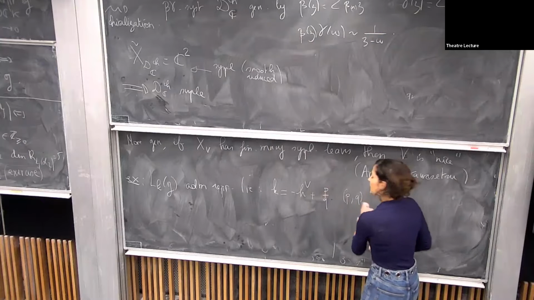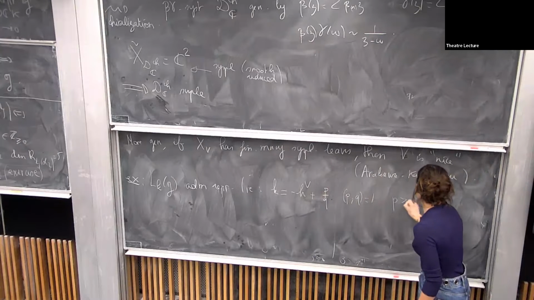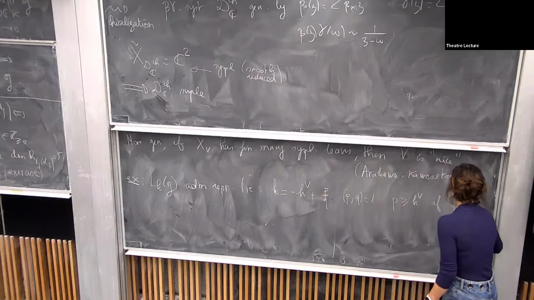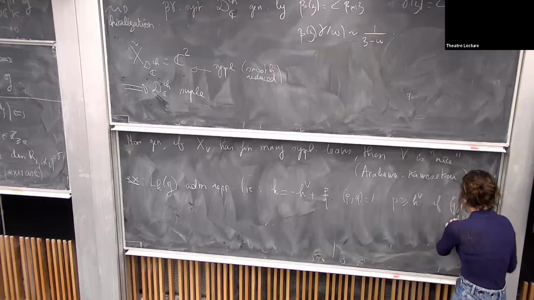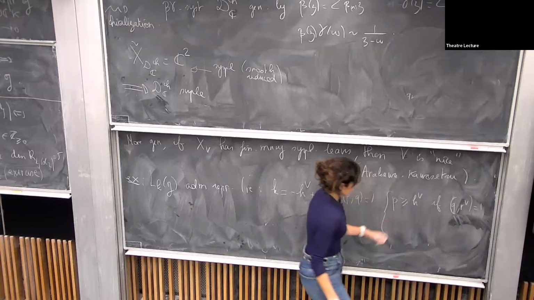So this is the dual Coxeter number. And then you have p and q, two integers which are coprime, and p is greater than the dual Coxeter number if q is coprime with the lacing number, so type ADE. It's one for type ADE, but it's defined all the time.